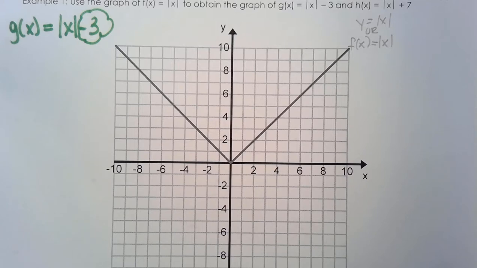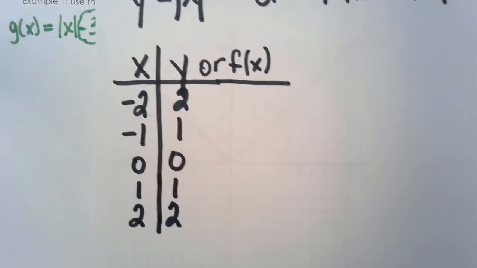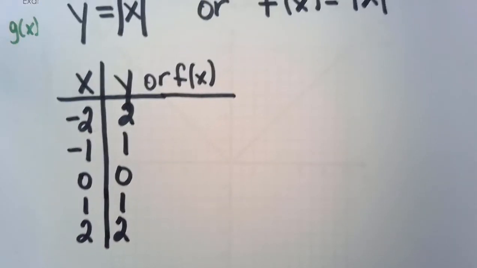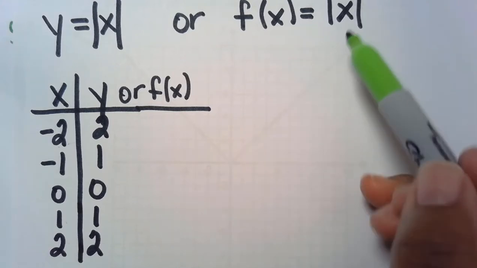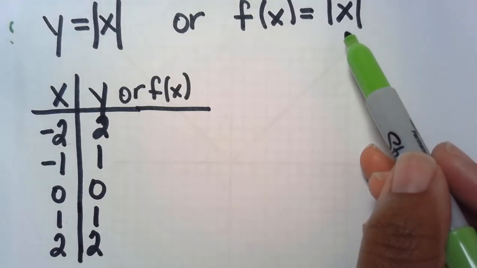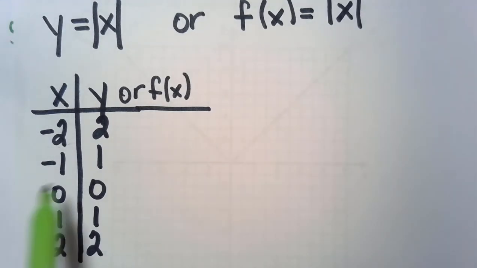Now here is the table. I want you to see this. Here's the table for the absolute value equation f of x is equal to the absolute value of x. So these are some points that I've identified on the graph.